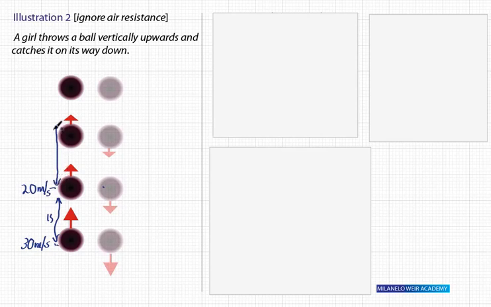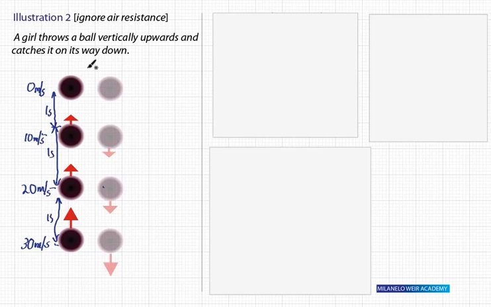After 1 second further, the speed will be 10 meters per second. At this point, it will be 0 meters per second. Now at 0, at the maximum height, the object is at rest.